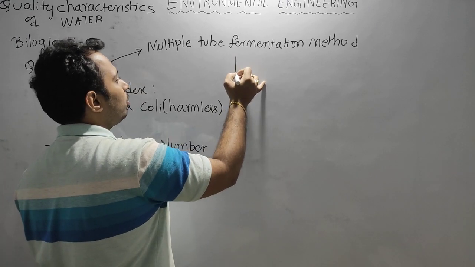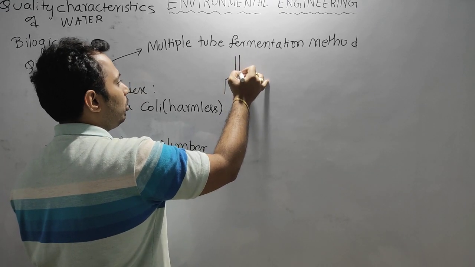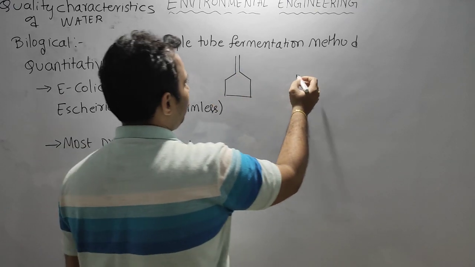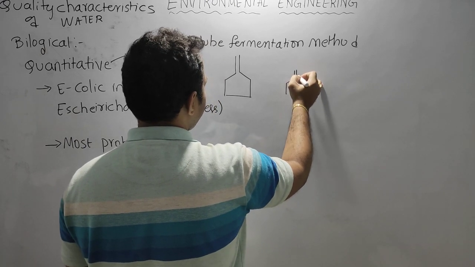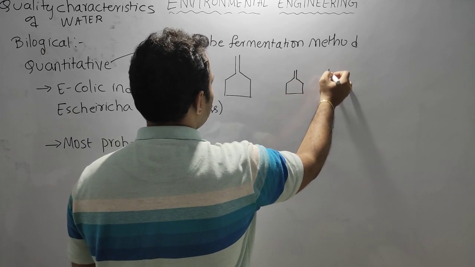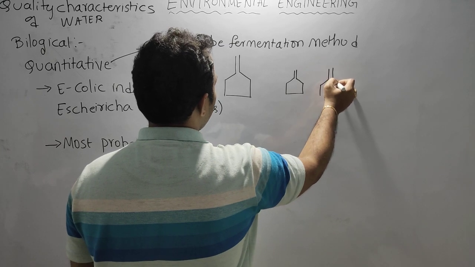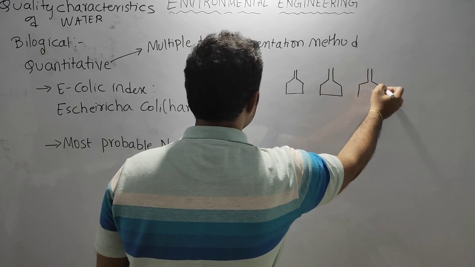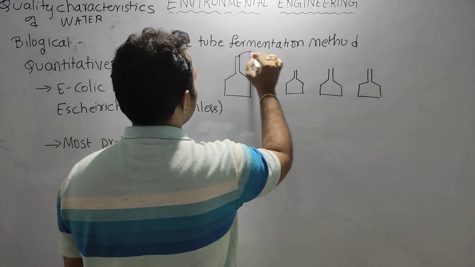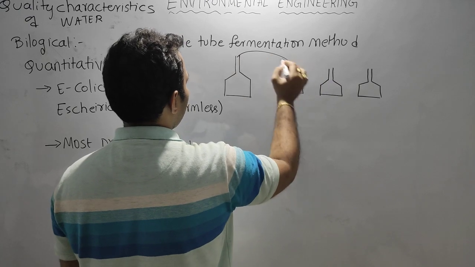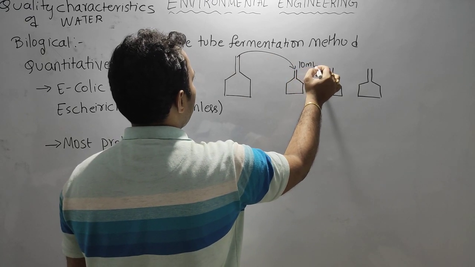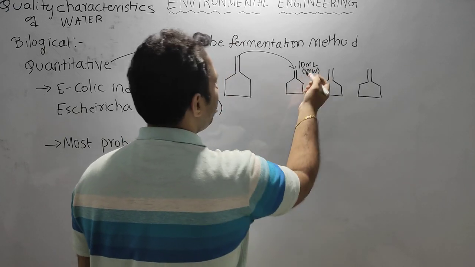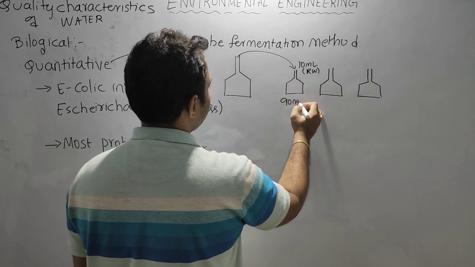We will take some amount of raw water and I will have some flasks. In flask number 1, I will take 10 ml of raw water and 90 ml of distilled water.